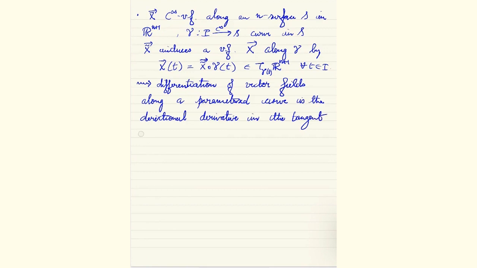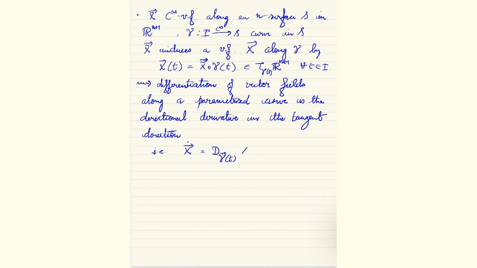So in the tangent direction, and all that, just to say, that is, the symbols make it very clear what I'm trying to say. So the differentiation along gamma is the x dot. What is the directional derivative? So in the tangent direction, meaning the velocity vector field is a tangent vector field.